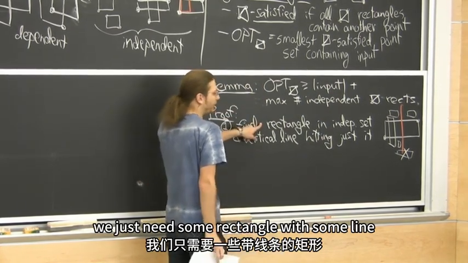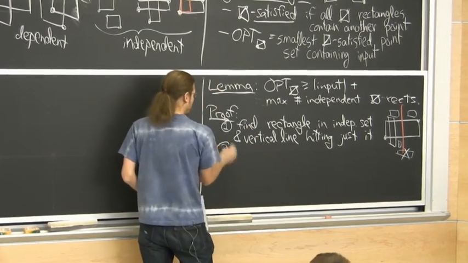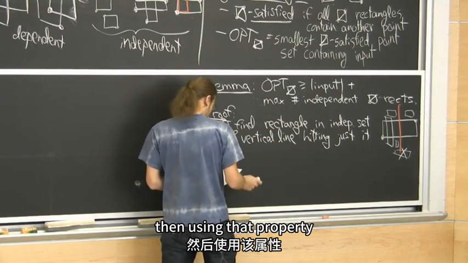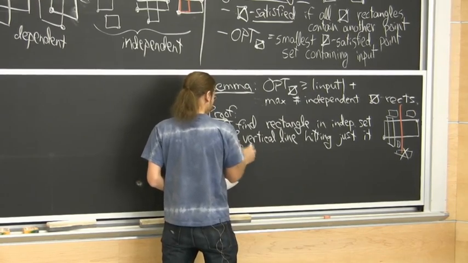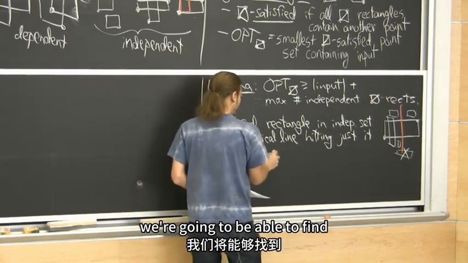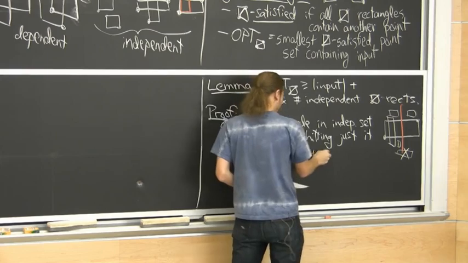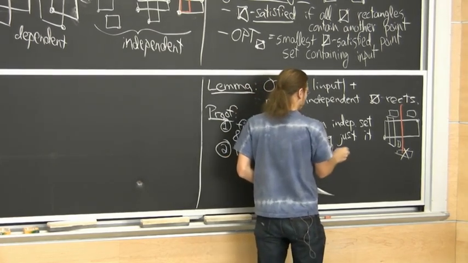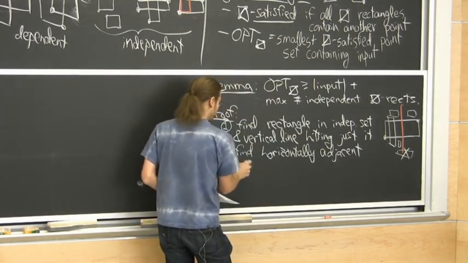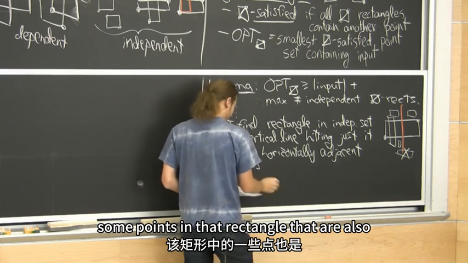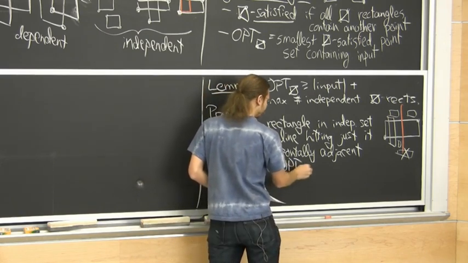We just need some rectangle with some line. Okay. Then, using that property, we're going to be able to find some points in that rectangle that are also in the optimal plus solution.